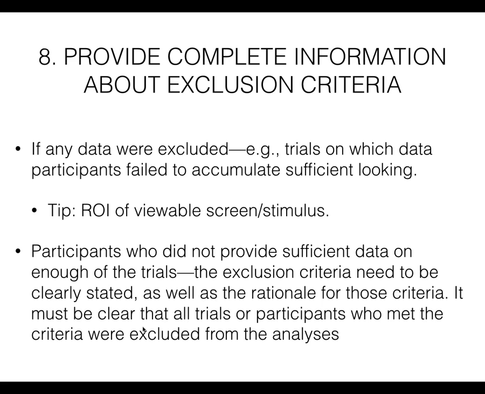An easy way of doing this is to draw one area of interest around your entire visible stimulus or your screen and say, if the person doesn't look at that for at least 90% of the viewing time, then they're fussy, therefore we throw them out. That's one way of really defining an inclusion criterion.